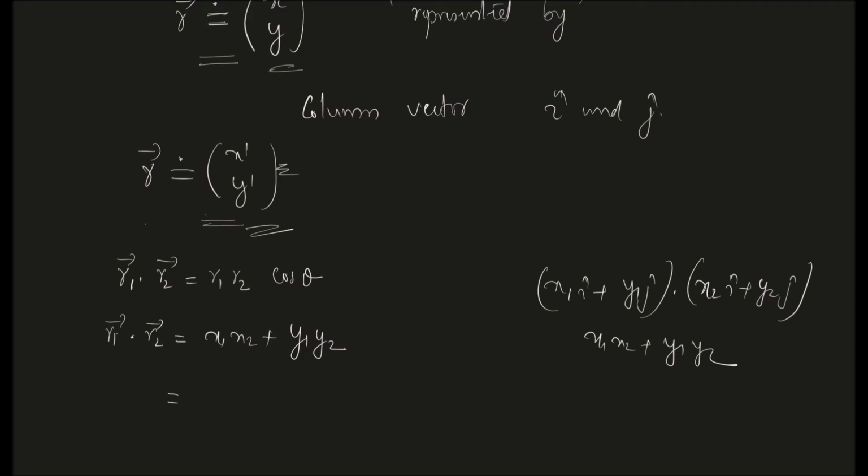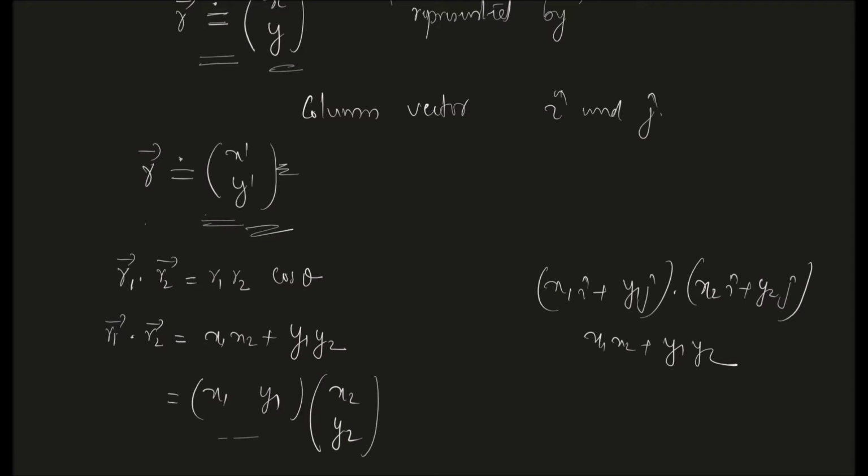Now using the rules of matrix multiplication, we can write it as something like this: x1 y1, then x2 y2, right? So this is a row vector and one is a column vector.